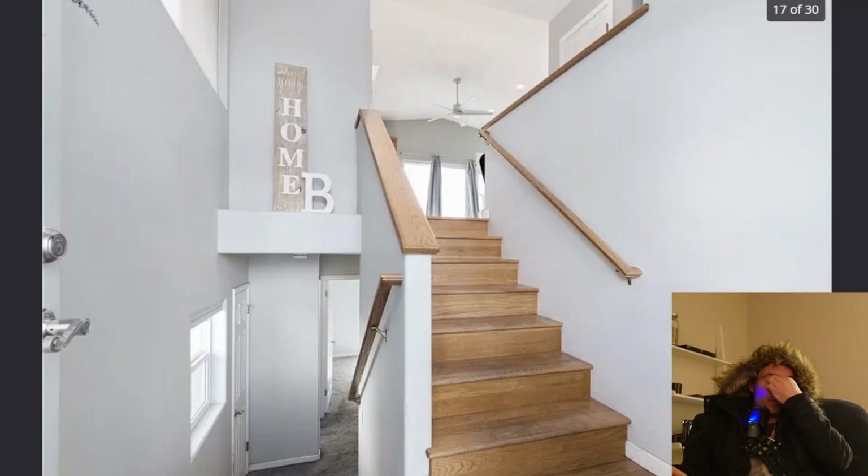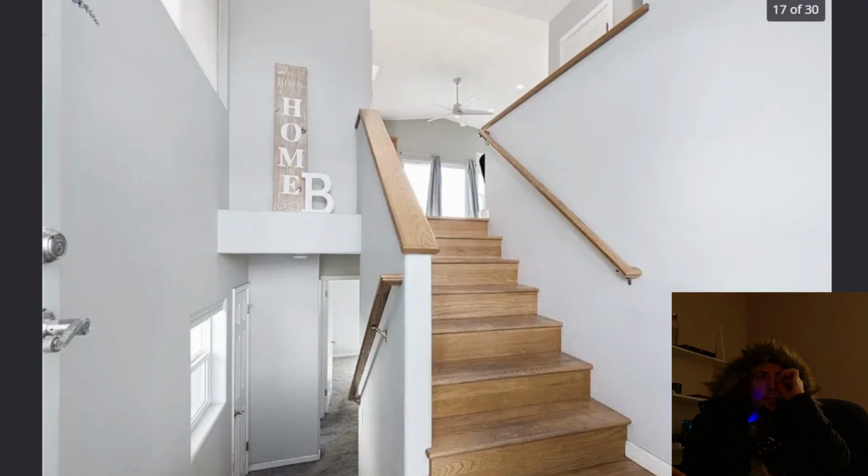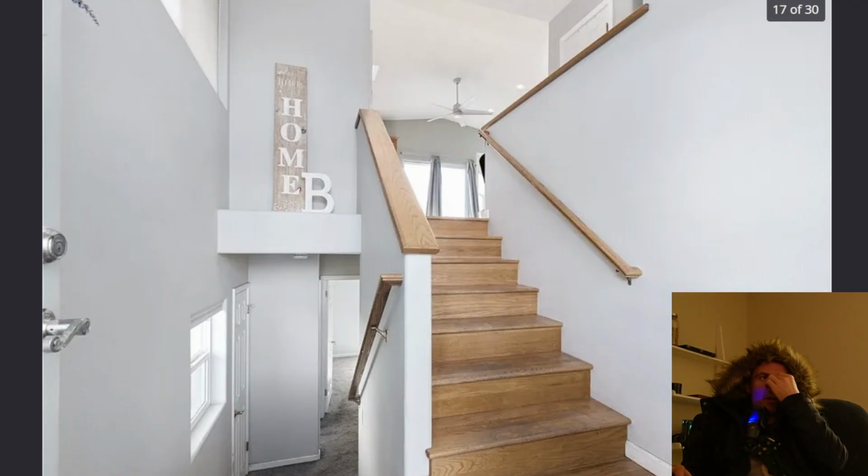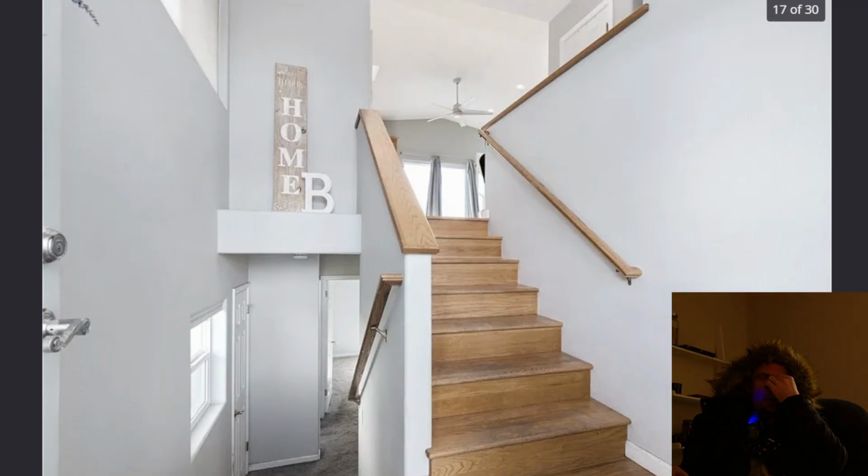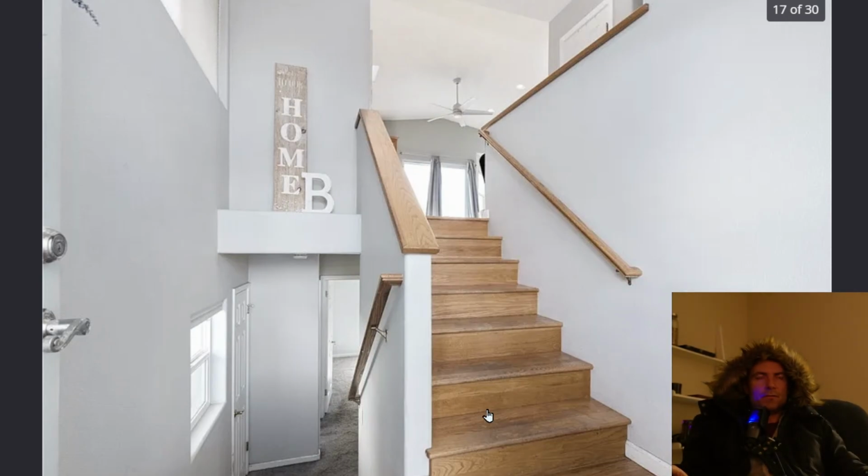Split level, waste of space here. The waste is this entire area where we're walking, although it does also work as the foyer.